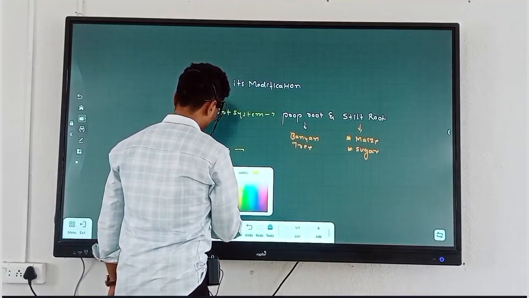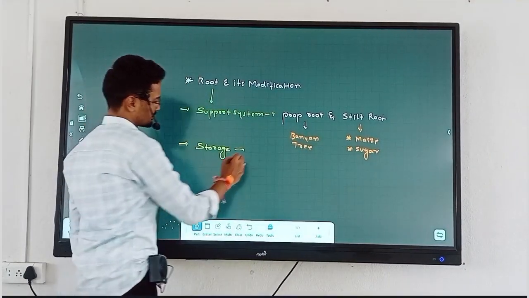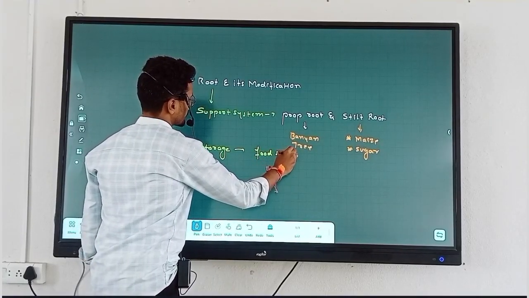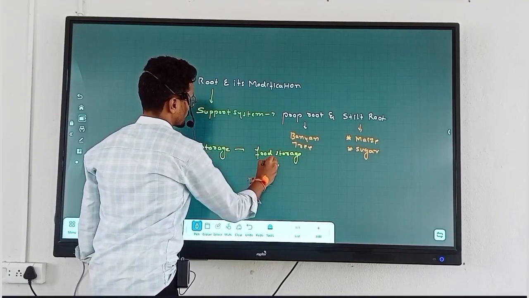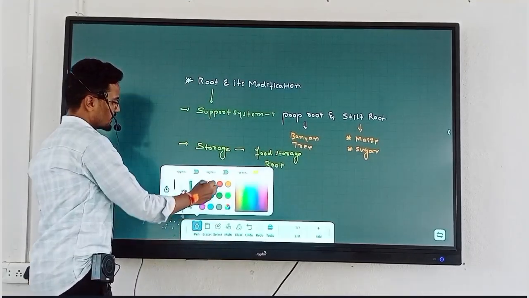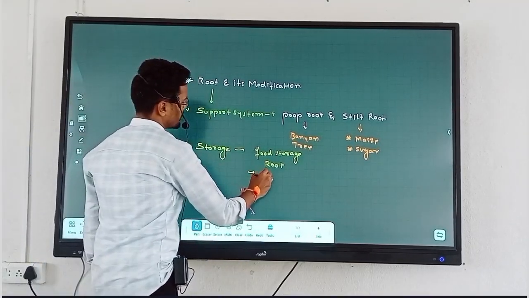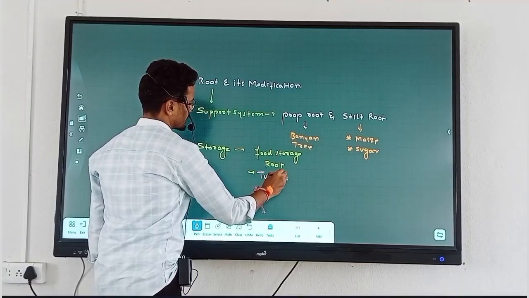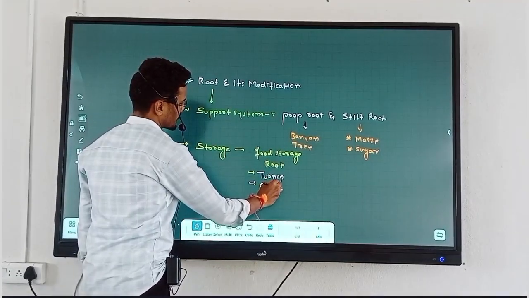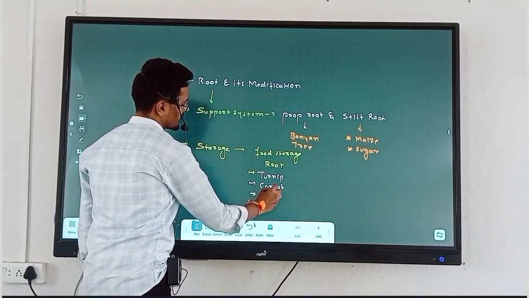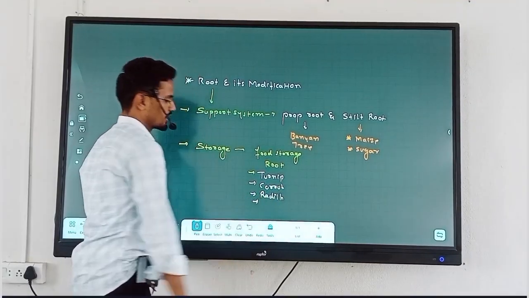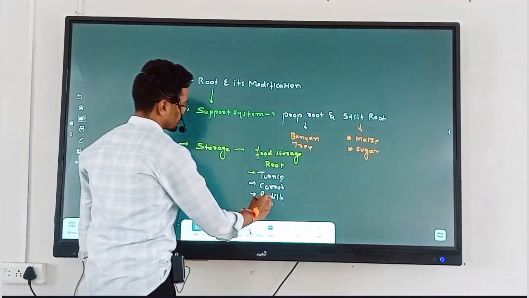For that we have different examples of food storage root: turnip, carrot, radish, and sweet potato.